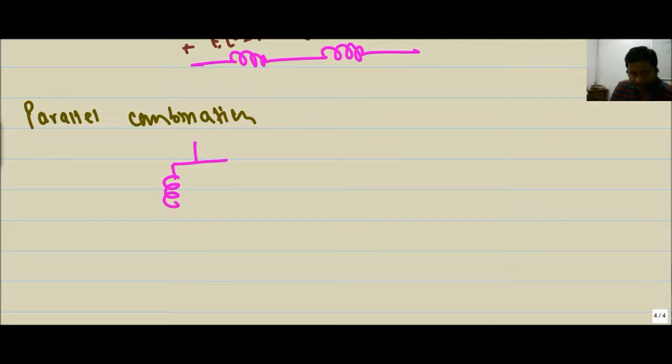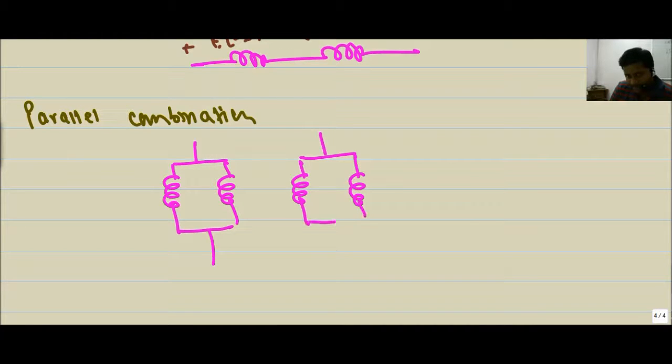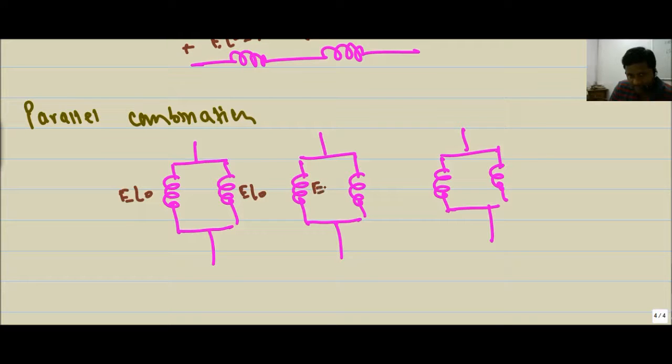This is A, similarly B1 and B2 dash, and C1, C2 and corresponding dashes. So we have E angle 0, E angle 0, E angle minus 120, and E angle minus 240. Here the current is going to be divided, so the current rating is going to increase.